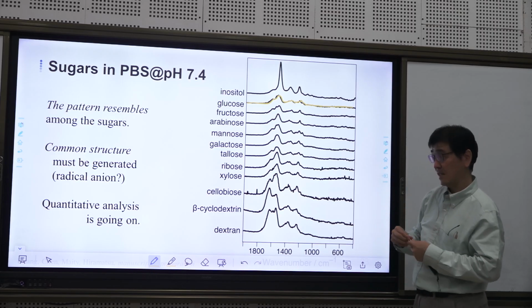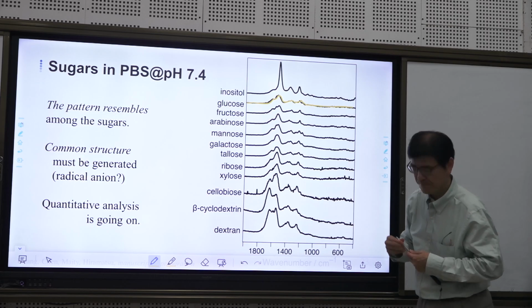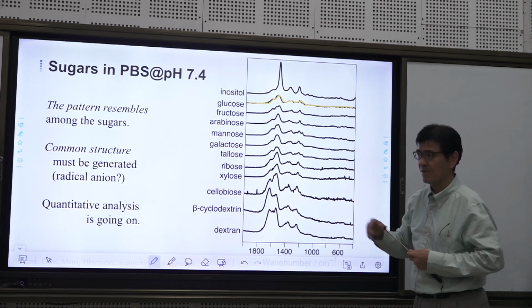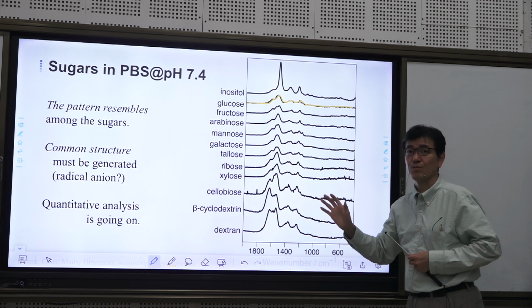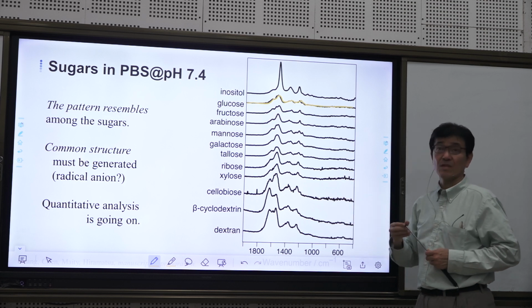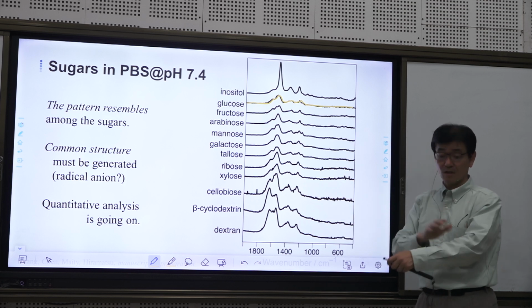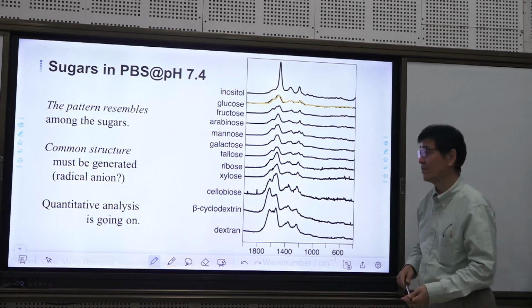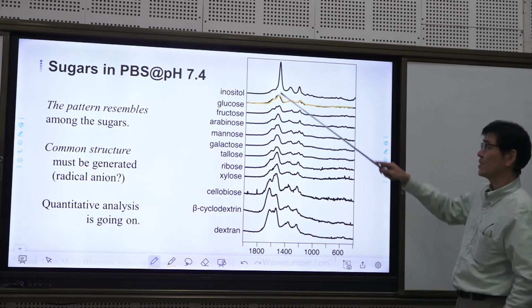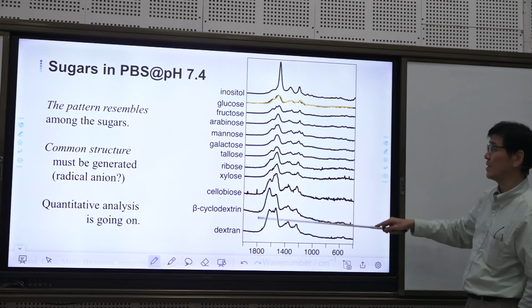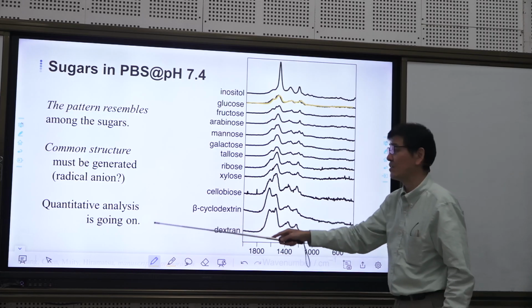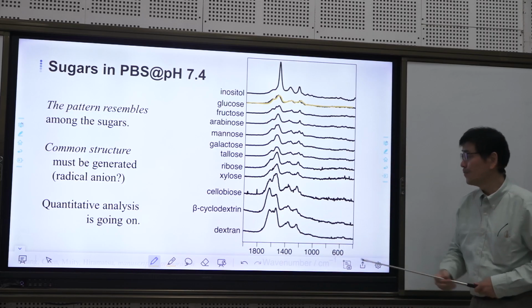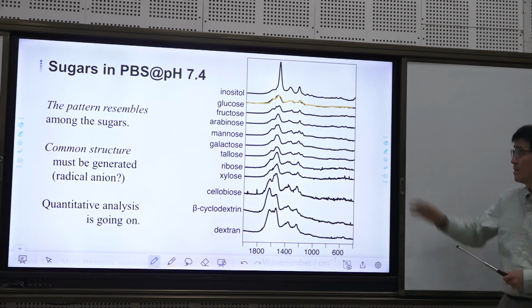Then I suppose that kind of radical reaction should be related to the dysfunction of the human body. So for that direction, I want to study sugar dependence and check the susceptibility by quantitative analysis. This is now underway in the laboratory.